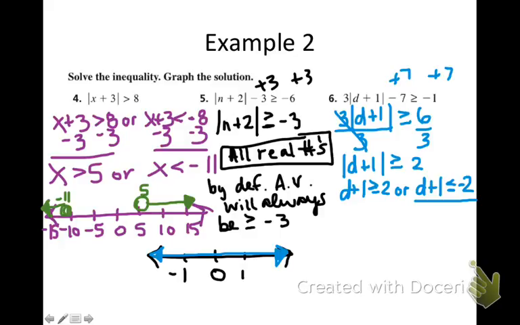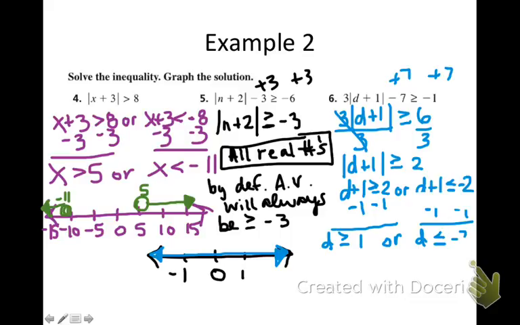Okay, so we'll solve them the same way by subtracting 1. So we have d greater than or equal to 2 minus 1 is 1, or d less than or equal to negative 3.